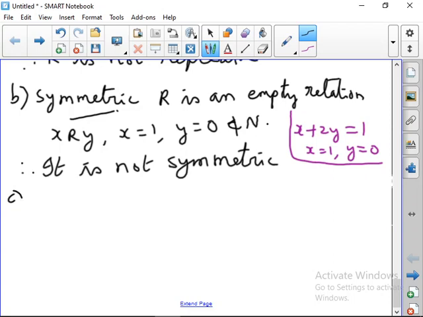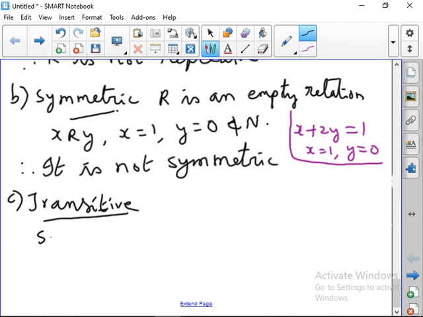Then the third one is transitive. Transitive, this is also an empty relation. Okay, it is an empty relation only. So what does an empty relation mean? It is transitive and symmetric.